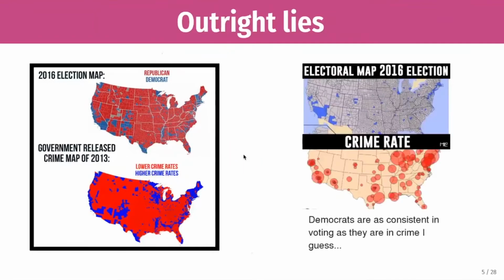This comes up all the time. This is another one. They actually used a crime rate map instead of a fake map of election results. But again, it's that same story of crime happens where people live. That's why crime happens, not because of Democrats. But these things go viral and get shared millions of times because it's a map.